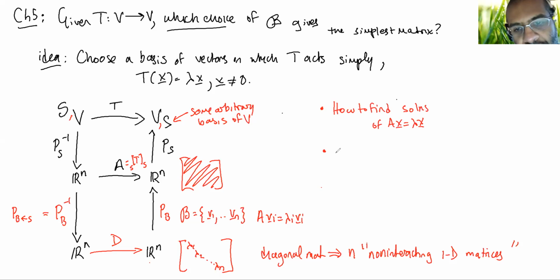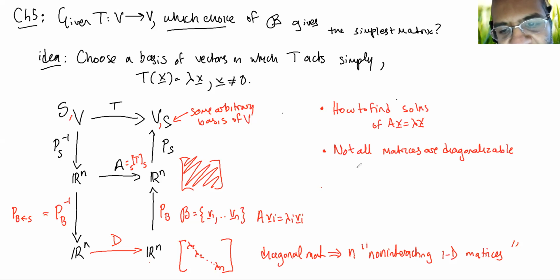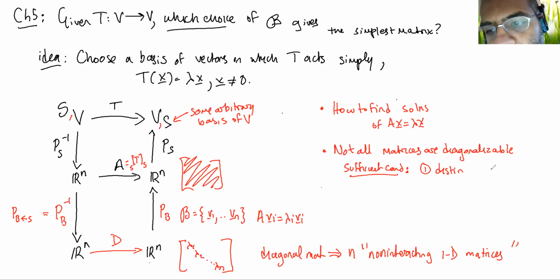So not all matrices are diagonalizable. Some sufficient conditions are you have distinct eigenvalues. You have n distinct eigenvalues.